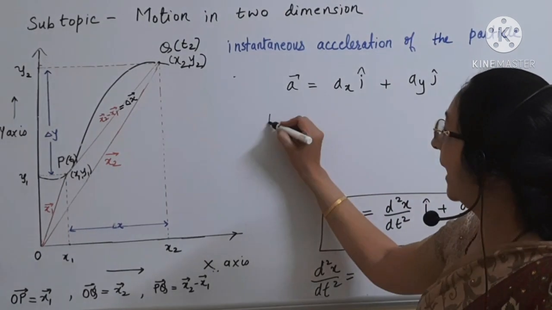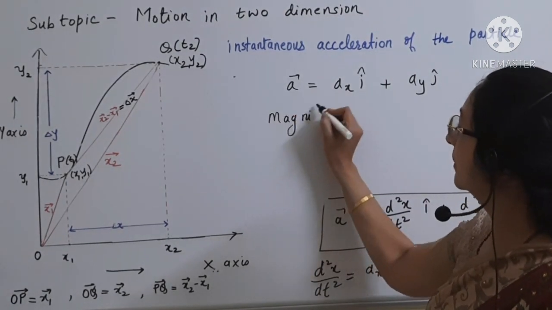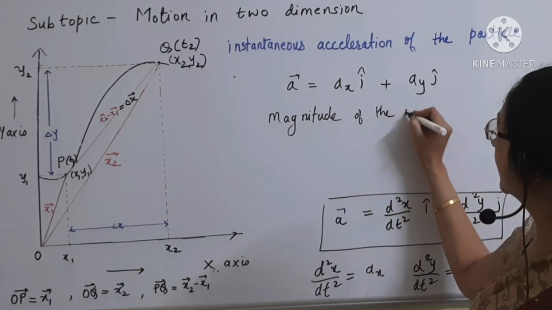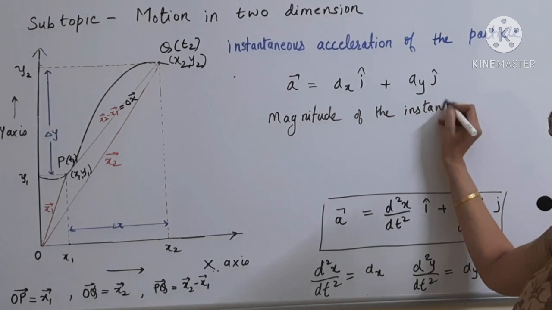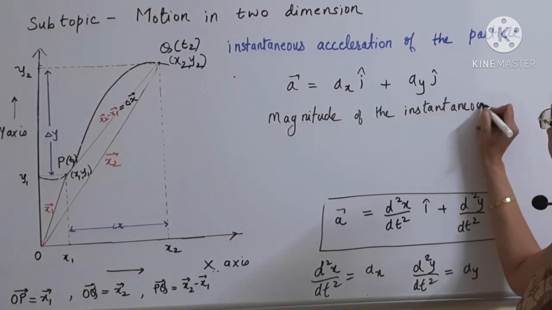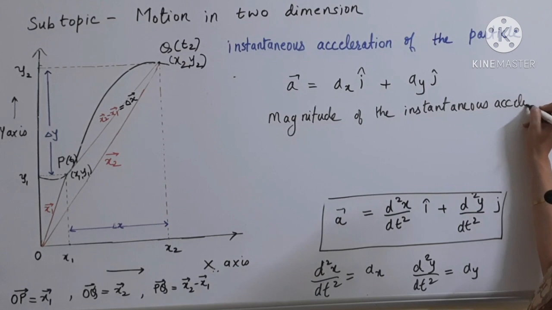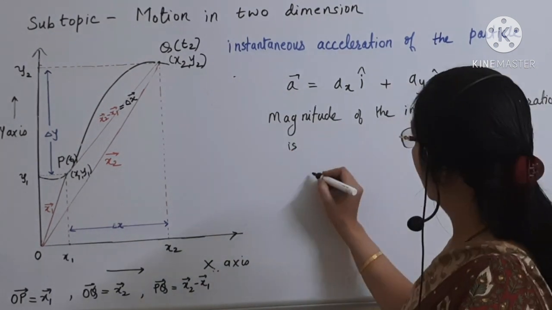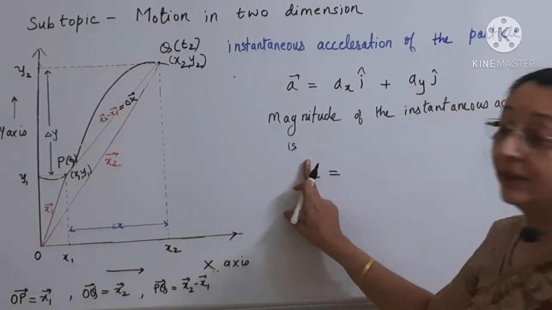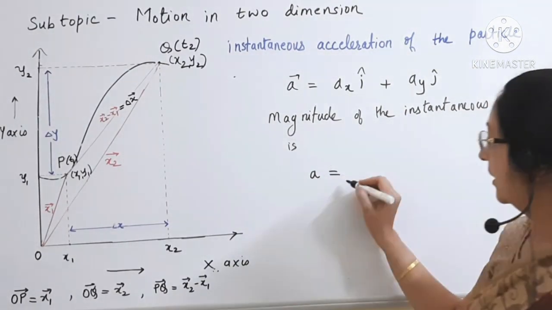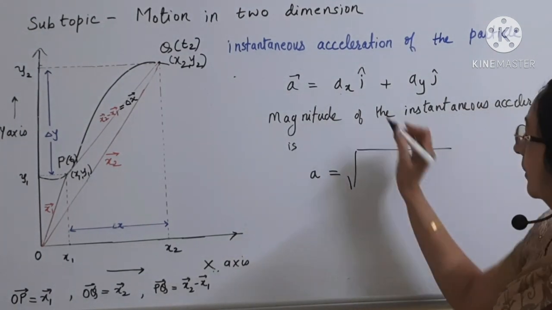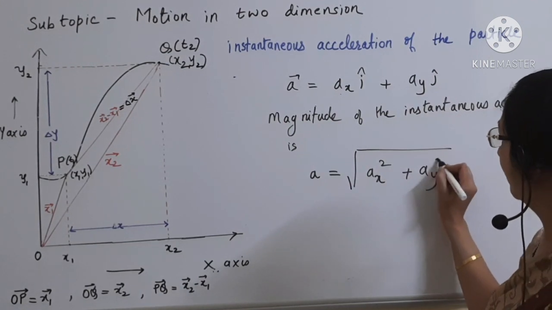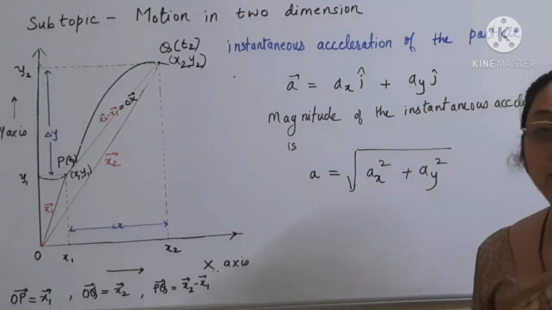Now the magnitude of the instantaneous acceleration is A equal to, मी इथे arrow mark दिलेला नाही कारण मला magnitude पाहिजे, under root of x component चा square, so ax square, plus y component चा square, so ay square. So this is the magnitude of the instantaneous acceleration.